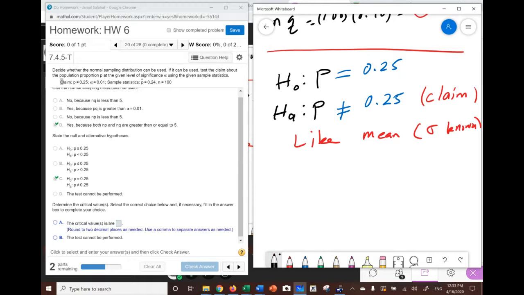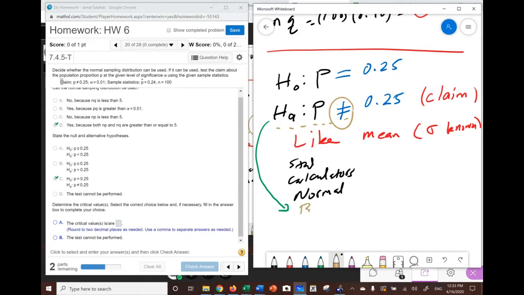So we're going to go through stat, calculators, normal, and we don't pay attention to the mean, because the mean is going to be 0 and the standard deviation is going to be 1, but we need to look at HA. HA here has not equal. Not equal means you're going to have something like this with two tails.